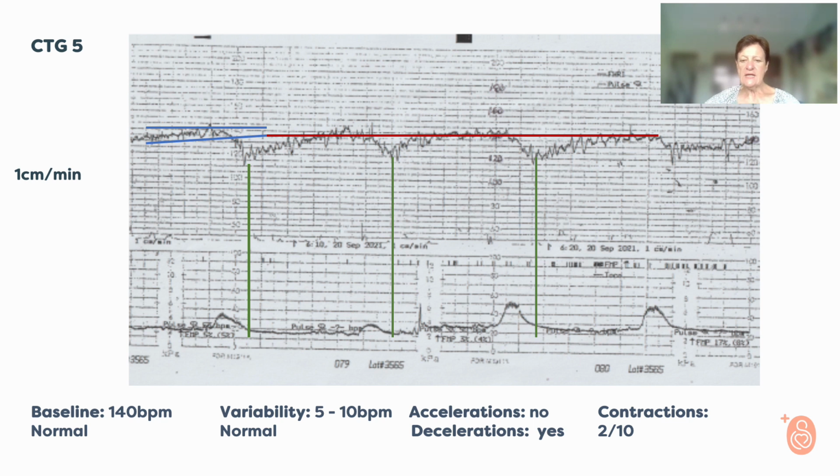We don't see any accelerations here, but we definitely see decelerations. And if we look at the different things that we're supposed to look at when we see decelerations, if we look at the relationship of these decelerations to the contractions, and we draw a line from the peak of the deceleration to the peak of the contraction, then we see that all these decelerations fell after the contraction, which obviously makes them late decelerations.